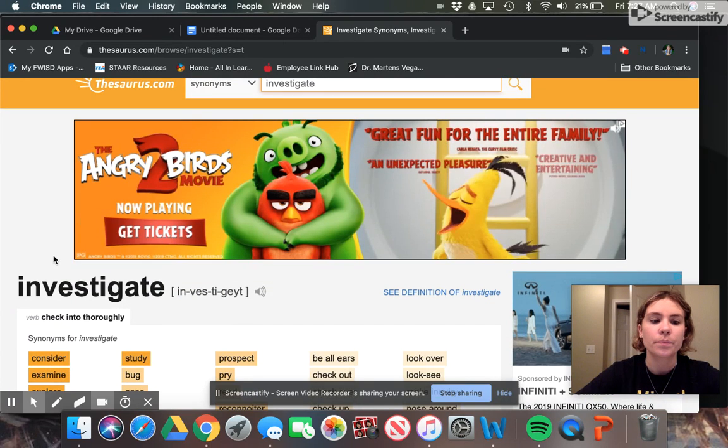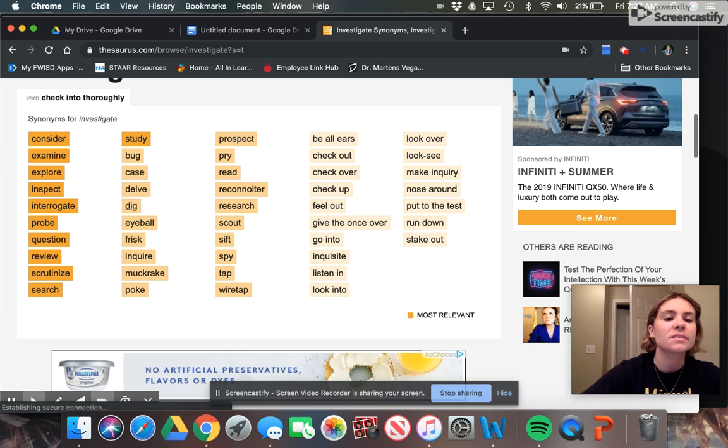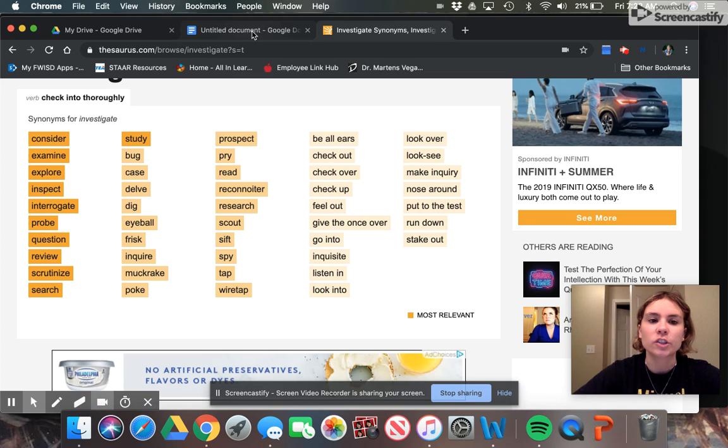all of the options they have for learning the word investigate. So consider, examine, explore. Investigating means to inspect. So all of these are telling us that we're looking at it more closely than just reading it.